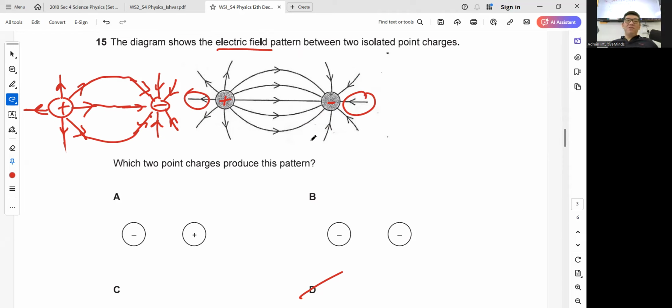If you put a tiny positive charge here, it will travel here. So the idea is to draw a field pattern based on the path of a tiny positive charge, a test charge, they call it.